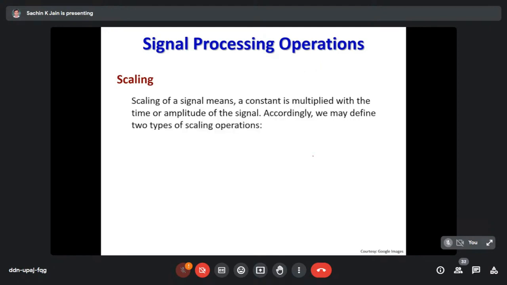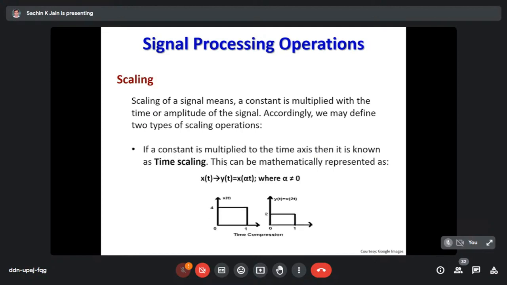First one is scaling. Scaling means we are multiplying a signal by some constant. Your constant could be more than one or smaller than one, so accordingly your signal may be scaled. Now you can have time scaling or amplitude scaling, meaning scaling of the x-axis or scaling of the y-axis.